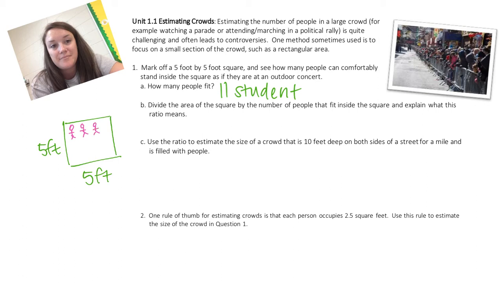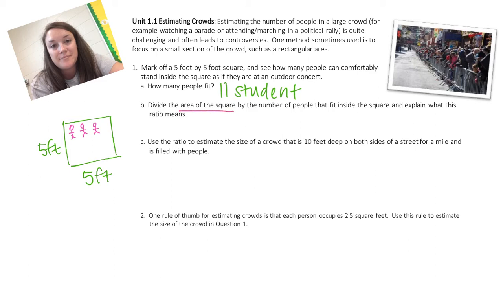Now sometimes the class liked each other and they got super close. Other times the class was like, I'm not sure about this, and they were a little further apart. But I would say most of the time we were able to put 11 senior students in a 5 by 5 foot square.